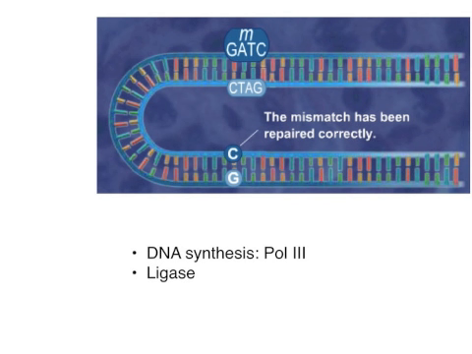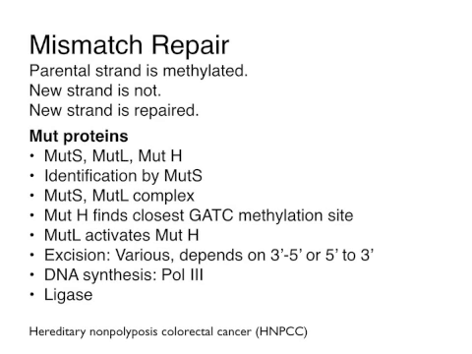The next thing that's going to happen is we're going to synthesize the new DNA and resolve that problem. This happens through the action of Pol3, which is the major replicative enzyme, and the breaks in the DNA are going to be sealed by DNA ligase. And as we remember, this is an enzyme that requires ATP, and this is a breakdown that you can use as notes to study by.